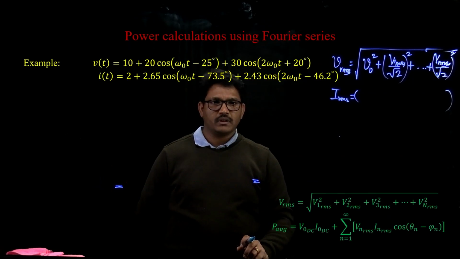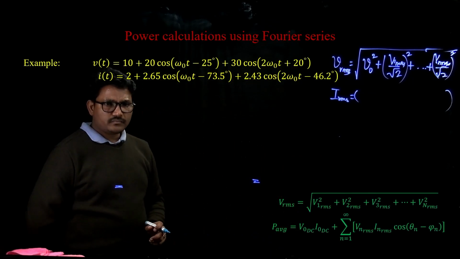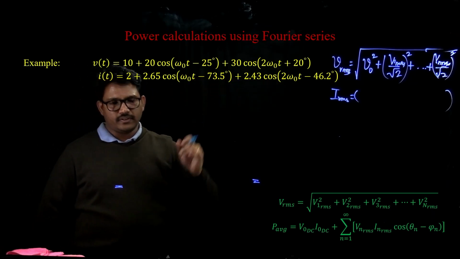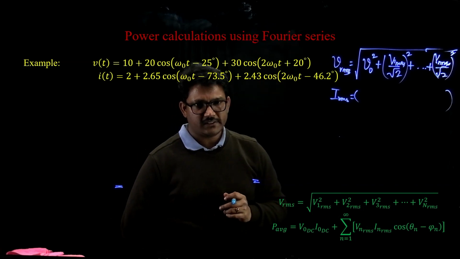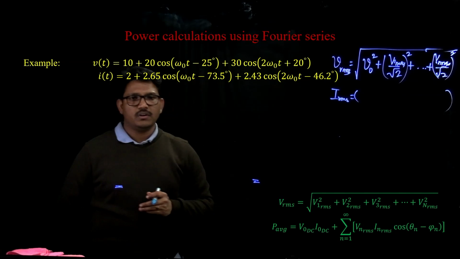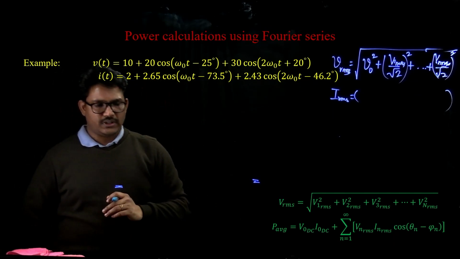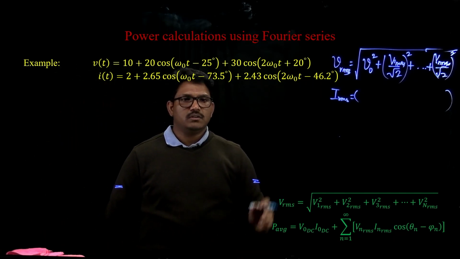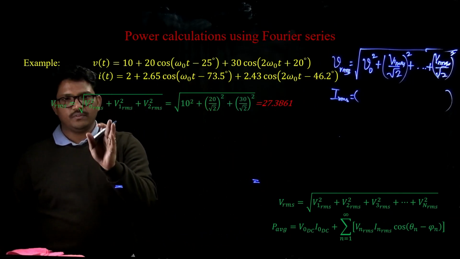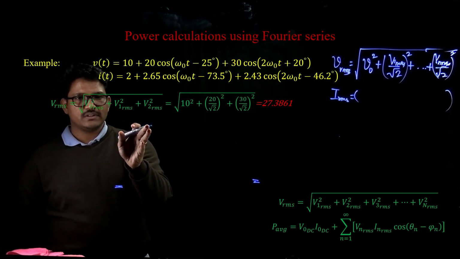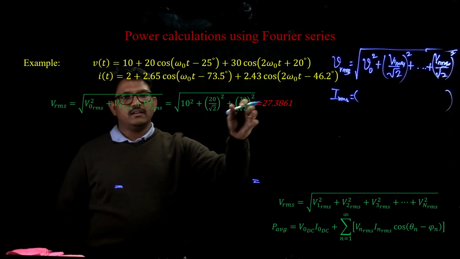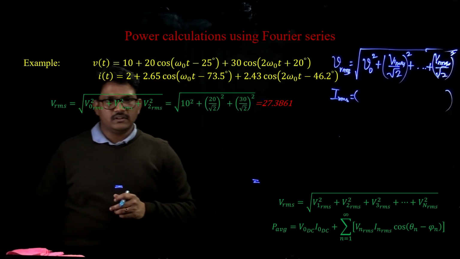Now, let's say you have a voltage and current, both expressed in terms of Fourier series. How do we get the power that corresponds to this voltage and current? Let's first get the RMS value of the voltage. We know the way to get it: we get the RMS value of the DC, the RMS value of the first order frequency, and the RMS value of the second harmonic, and use them to get the resultant RMS voltage.